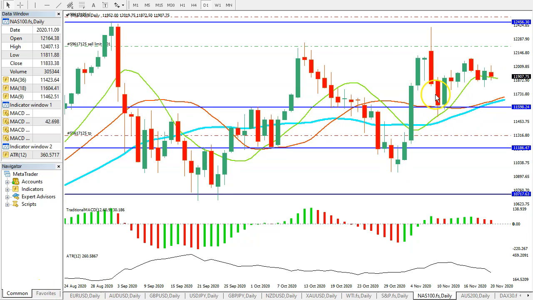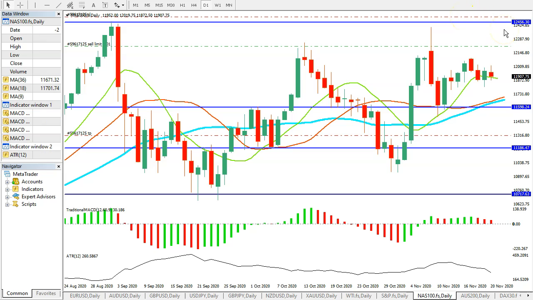On the Nasdaq, again the trend is slightly up and also sideways. And here we had a minor divergence from here to here with the MACD. So we might consider some short entries if the price reaches this level or higher, and take a careful short entry with a protective stop above this level.